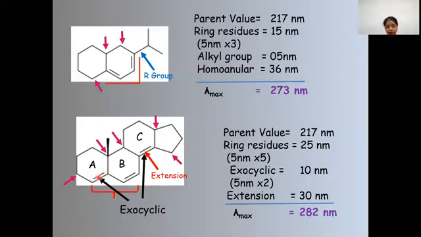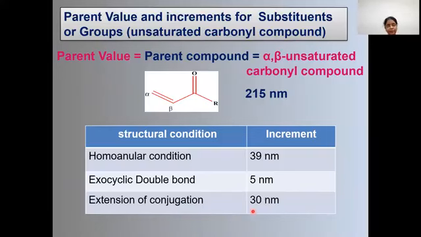So this bond will be exocyclic for ring B, and this bond will also be exocyclic for ring B. So there are 2 exocyclic bonds for ring B. So increment will be 10 nanometer, and when 1 double bond is in the extension, that is 30 nanometer. So total value of lambda max is 282 nanometer.